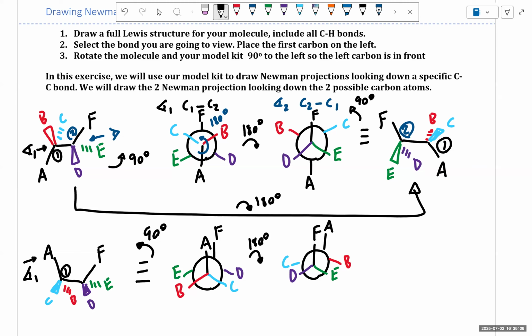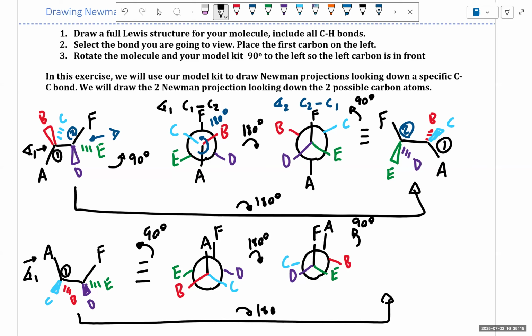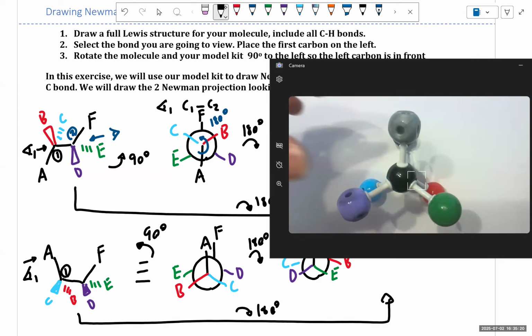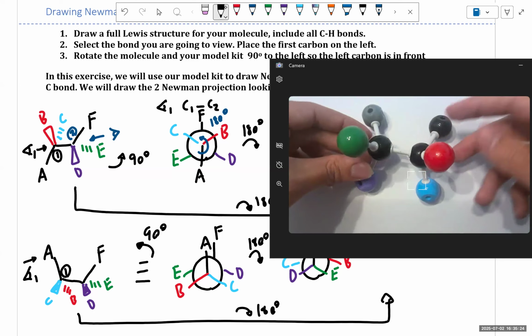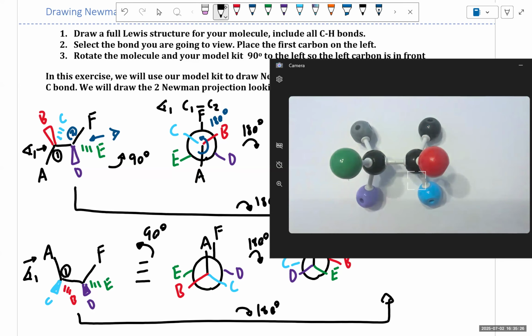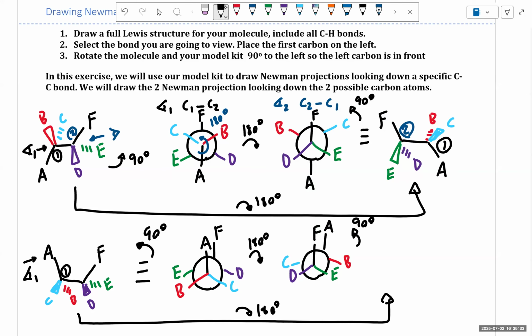Now, this Newman projection can also be converted into a Dash-Wedge structure. And again, these two Dash-Wedge structures are related via a 180-degree rotation. So let's rotate our Dash-Wedge structure 90 degrees, and let's see what alternative Dash-Wedge structure we get. So this time, carbon 2 is on the left, and we'll draw what we see now. So as we can see, our skeleton is a little bit different. Carbon F is now on the left.